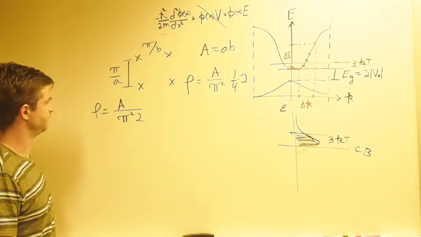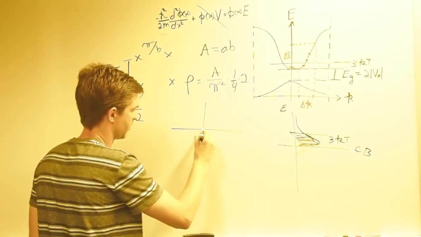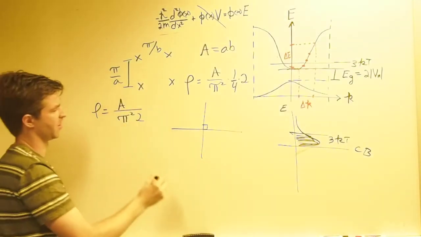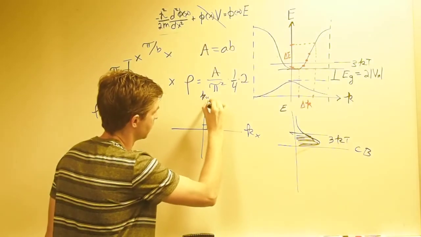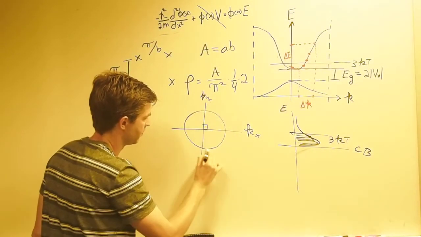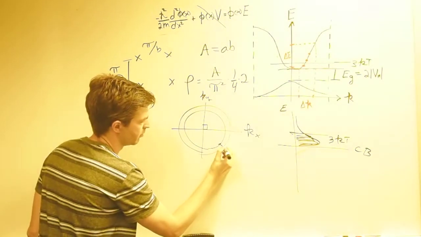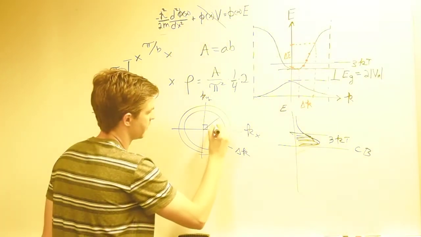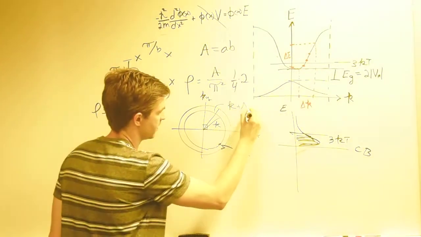And again, let's redraw K space. Here's the area that we're talking about up here in K space, with Kx and Ky. We have two circles, separated by some dk, with some radius k and some radius k plus dk.